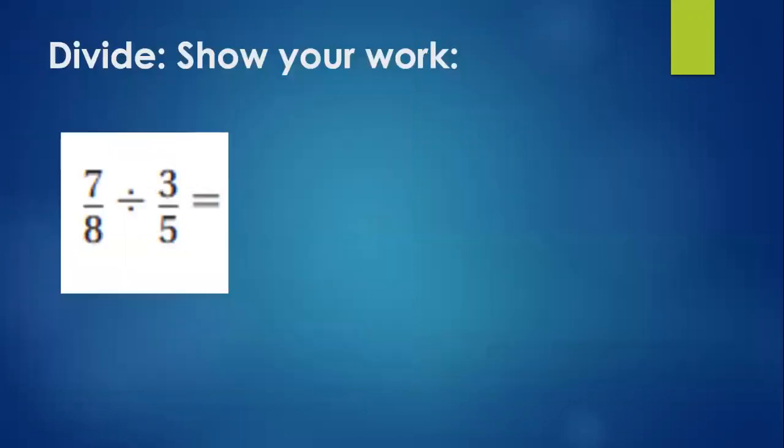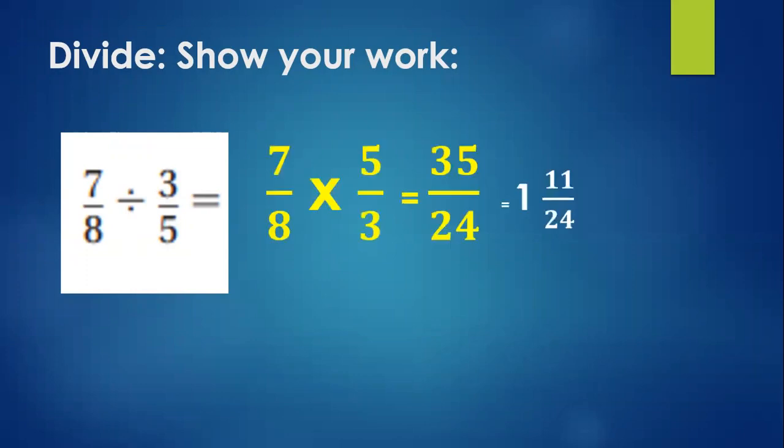The next one, divide and show your work. 7/8 divided by 3/5. So as we know, whenever there is a division, you will put the multiplication sign and take the reciprocal, or the second fraction you will invert. So you will get 7/8 times 5/3. 3/5 becomes 5/3.